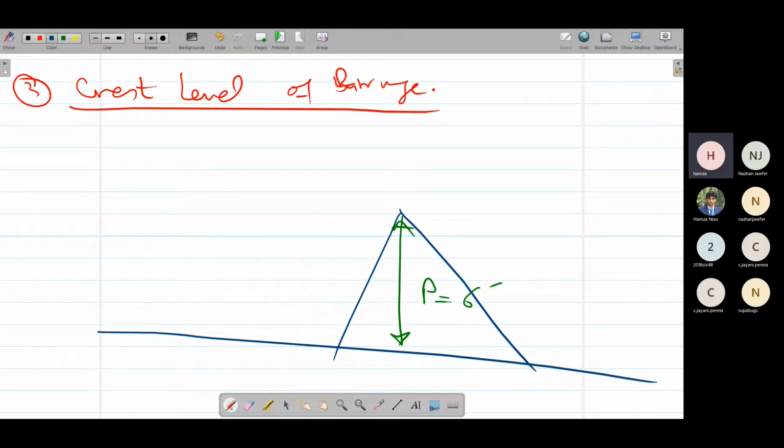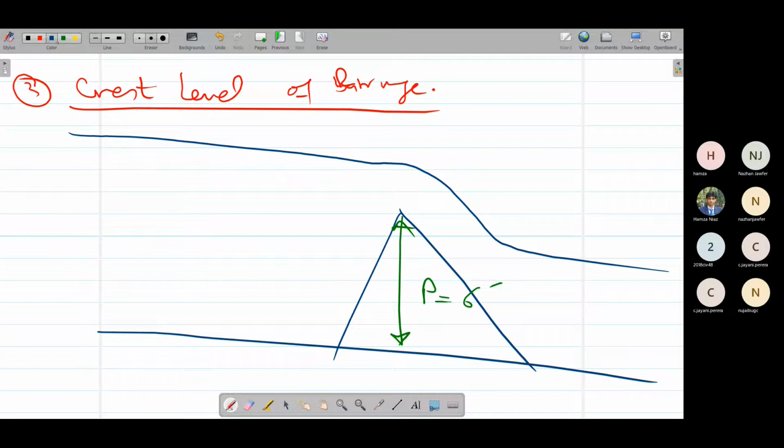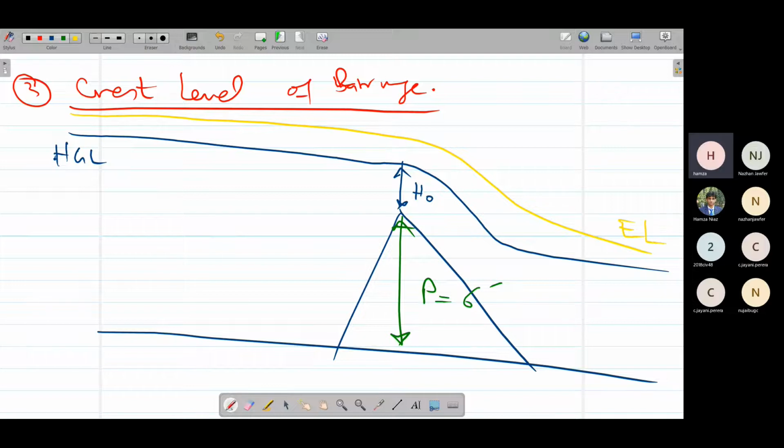So above this is our supposed water level. Above the weir, this head, we'll call this water head as H naught. So we'll call the head above the crest as H naught. And for example, this is our hydraulic grade line, and this yellow line is our energy line.